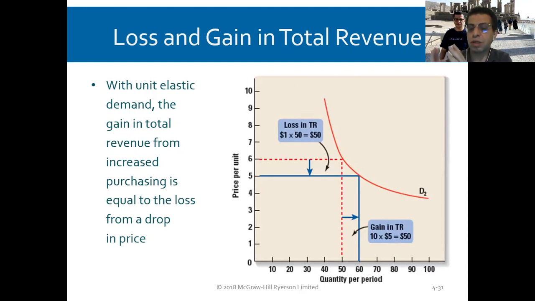From 100 units, you were selling 60, and you just reduce 10. So reducing 1 out of 10 equals reducing 10 out of 100, which is 10%, 10%. So with a unit elastic demand, the gain in the total revenue from increased purchasing is equal to the loss from a drop in price.